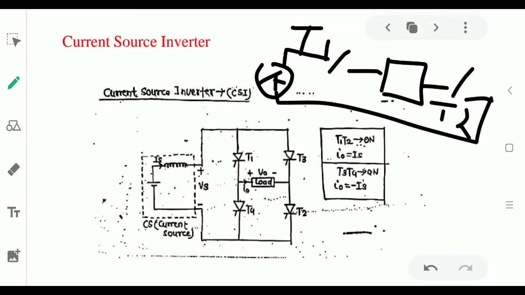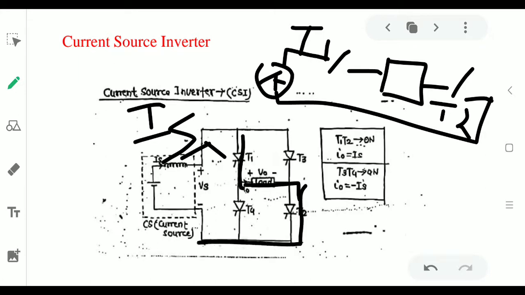Now if we write the KVL equation, you can see the current is the same Is flowing through T1, load, T2 and back.